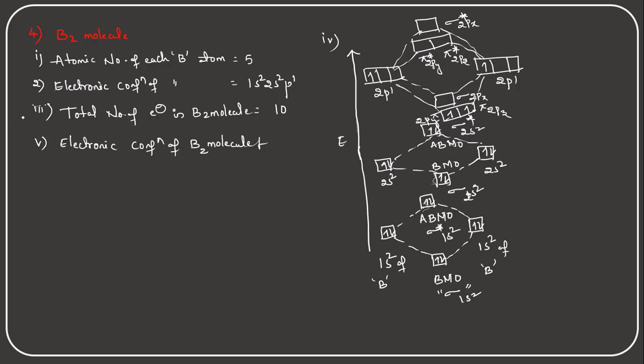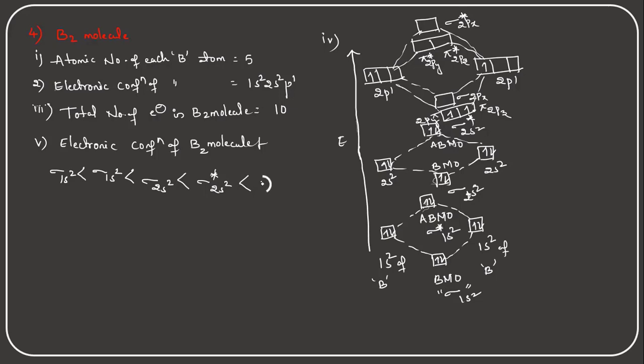So the first one, the least energy, is sigma 1s2, which has lesser energy than sigma star 1s2, and then lesser energy than sigma 2s2, which has less energy than sigma star 2s2, which has lesser energy than these two, which have the same energies.